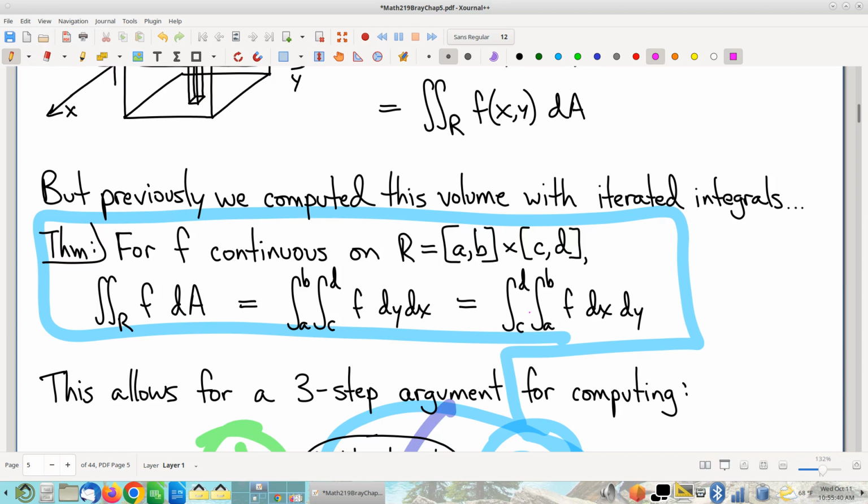I don't need help from a picture to decide what my integrand is. All I really need to know as I try to turn a double integral into an iterated integral, all I really need help with is figuring out what the bounds are. That's it, just the bounds.